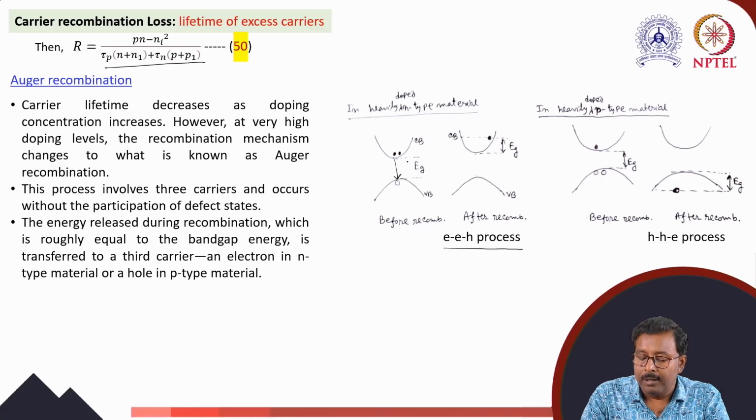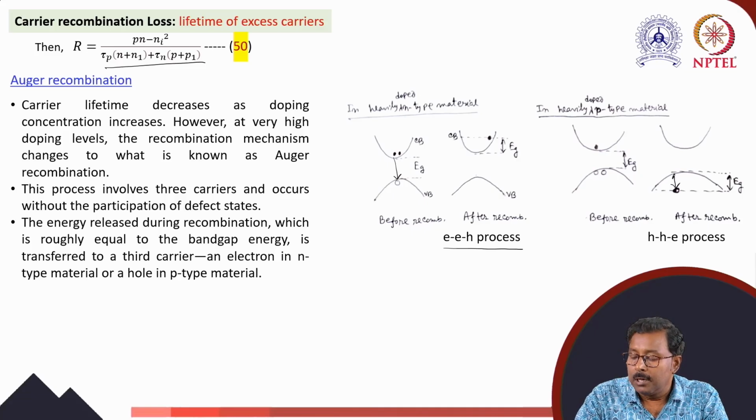For a p-type semiconductor, in a heavily doped p-type semiconductor, a hole is the majority carrier. So the electron-hole recombination energy may be absorbed by a hole to go to a higher energy state, and in the valence band higher energy state means lower. So this is the Eg value.